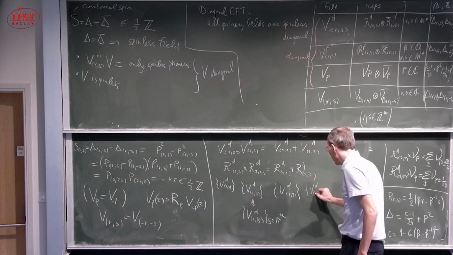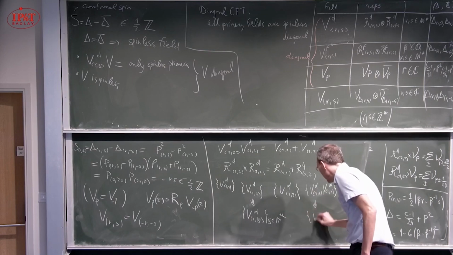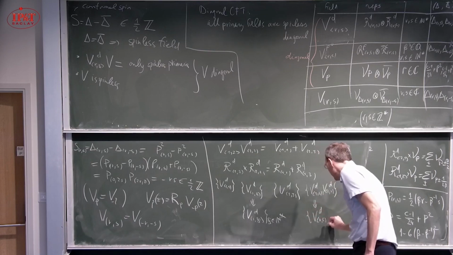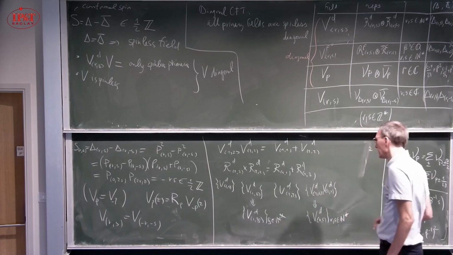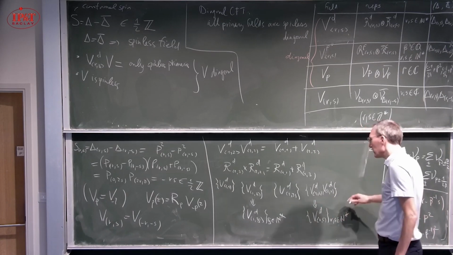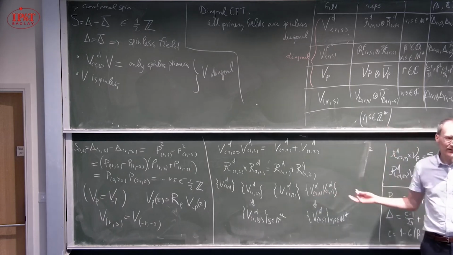I could start with V_{12} and V_{21}. And then I would generate the whole set of degenerate fields. So there are only 7 possibilities actually, modulo the exchange of R and S.